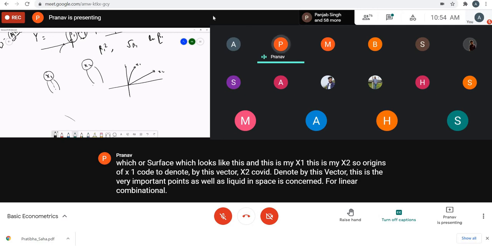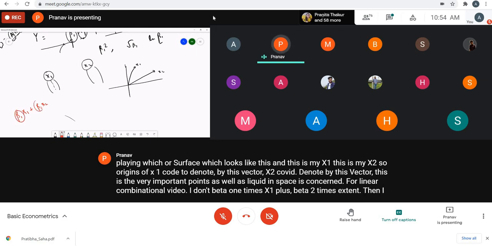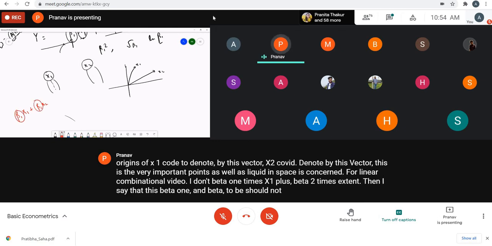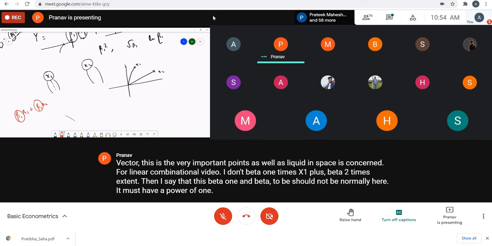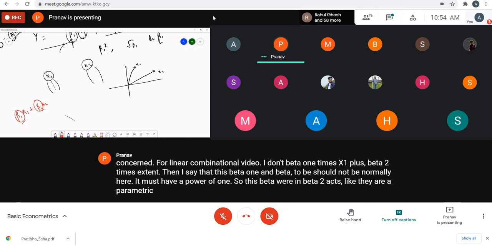तो लीनियर कॉम्बिनेशन मतलब क्या हुआ, इसका लॉजिक आप देखिए. लीनियर कॉम्बिनेशन मैंने कैसे डिफाइन किया यहाँ पे? I wrote beta1 times x1 plus beta2 times x2, and then I said that this beta1 and beta2 should not be non-linear. It must have a power of 1. So this beta1 and beta2 act like parametric constants.